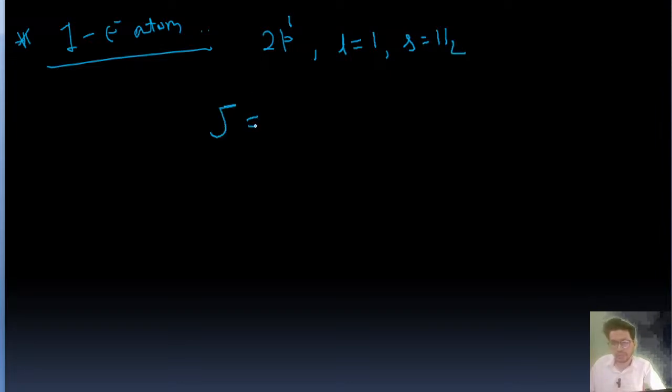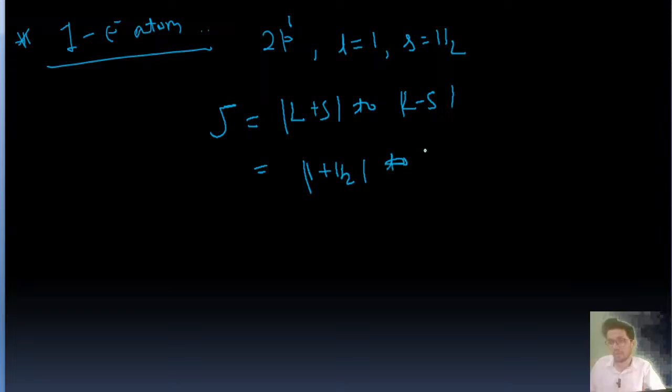So J is going to be mod of L plus S to mod of L minus S, which is 1 plus half to 1 minus half.